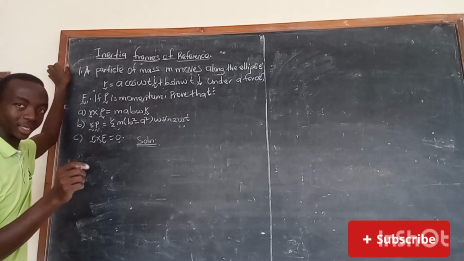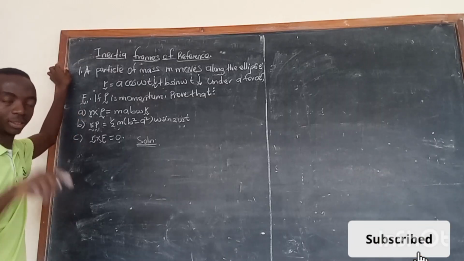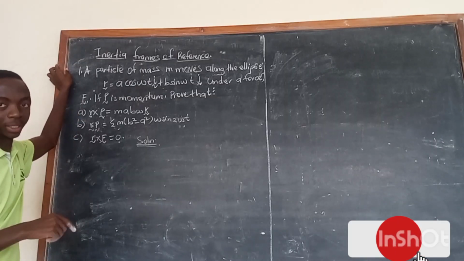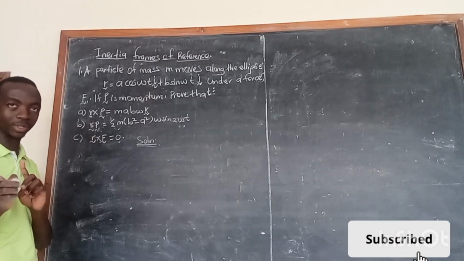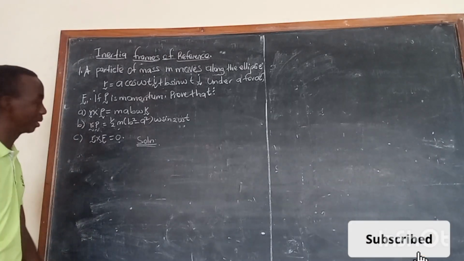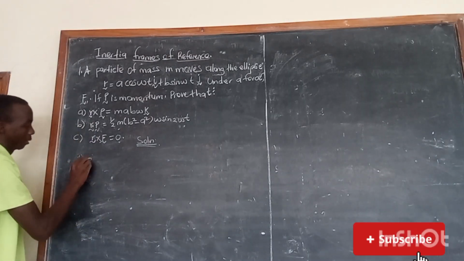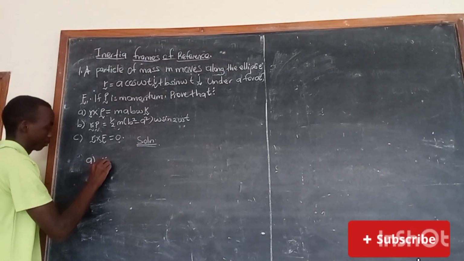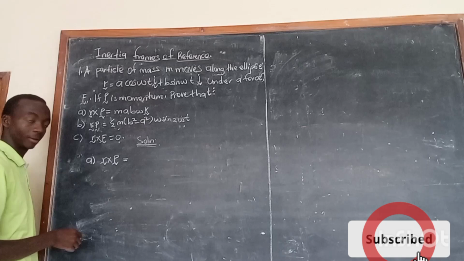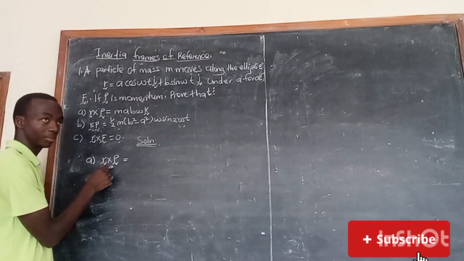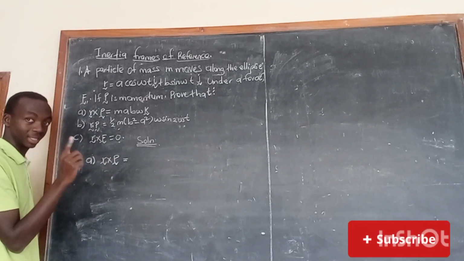What you should know is that cross product is different from dot product. For the cross product we always use the matrix determinant method.